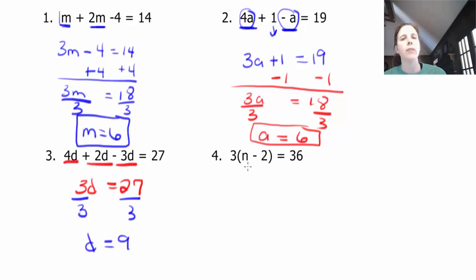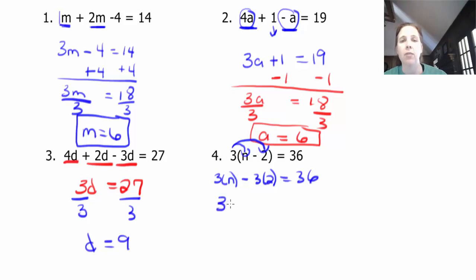Now on this one, we're not combining, but we're distributing. Remember the distributive property. That 3 goes to everything inside. So it's 3 times n minus 3 times 2. You do not have to do this step. I'm just showing you what we're doing to remind you.